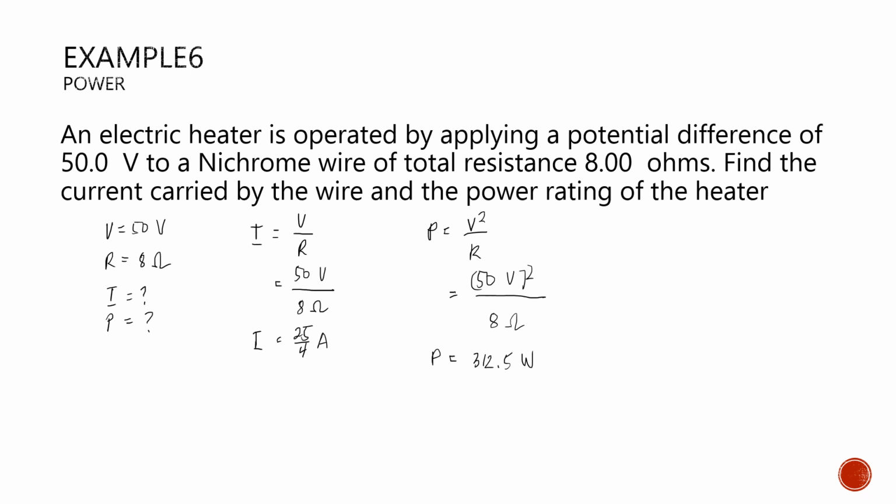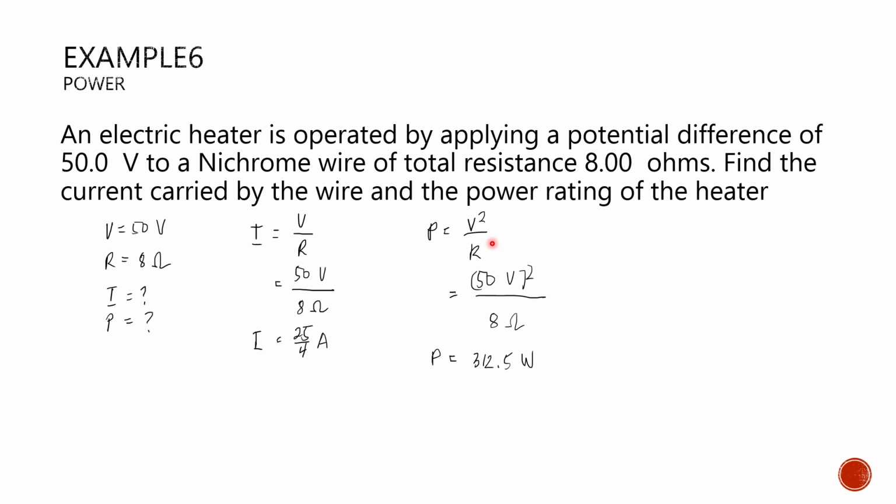And we can double check if we use the computed I value, 25 over 4, and multiply it with 50. So let's see if we get the same value. So 25 divided by 4 times 50. So it's also 312.5.